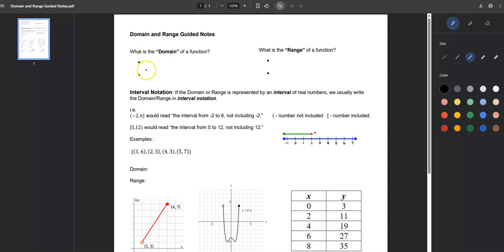All right, so let's start here. When we talk about a domain of a graph, that is really the set of all x values. So the set of x values that a graph has. Okay, you can think of this as actually the input if you want to think of it as a function.